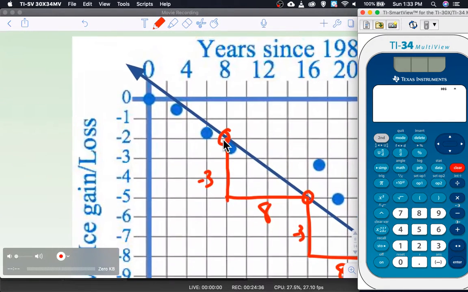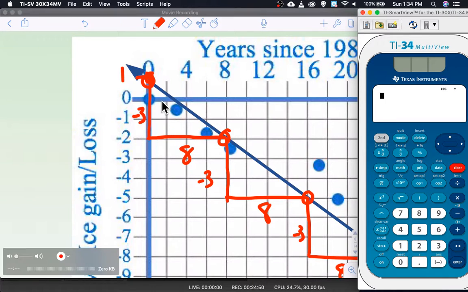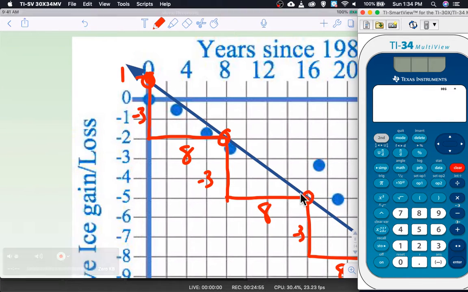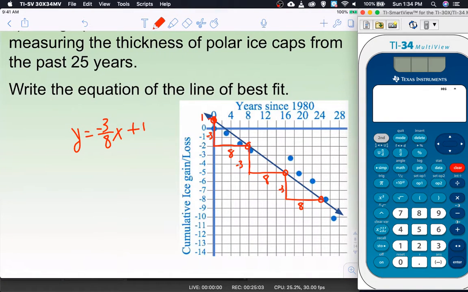If I keep working my slope over 4 up 1, 2, 3, I actually do find that this does cross at exactly +1. Before it was an estimation. Now I know exactly because it follows the same pattern. Down 3 over 4, down 3 over 4, down 3 over 4. So I know it is crossing exactly at positive 1. So there's the equation for our line of best fit. Not too terribly bad. Much easier compared to the last problem. Now I'm going to copy that because I'm probably going to need that over the next few problems.